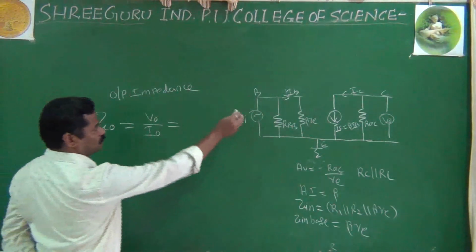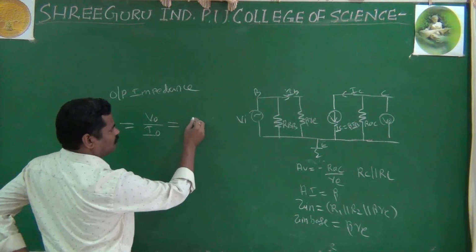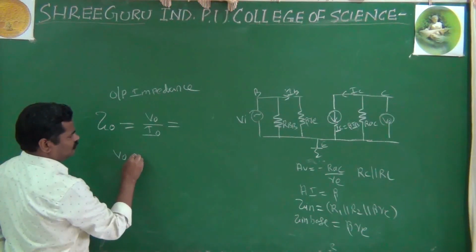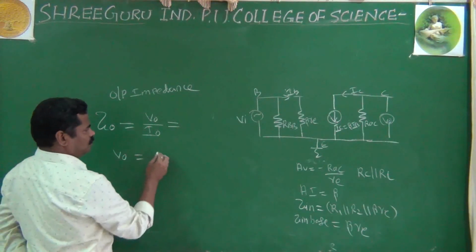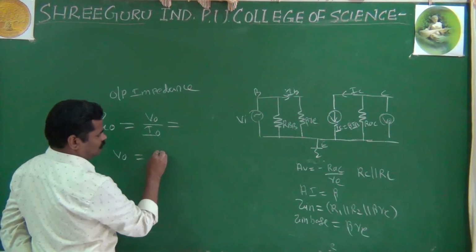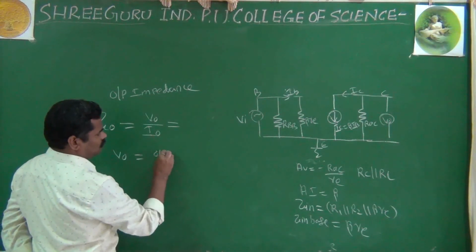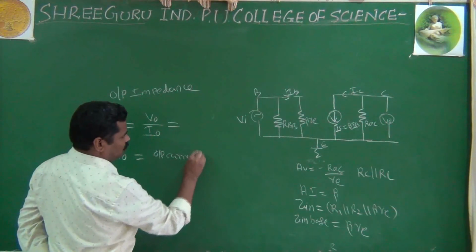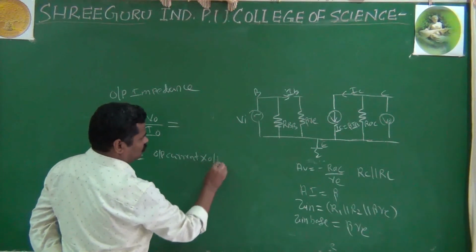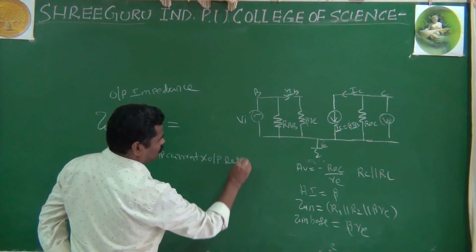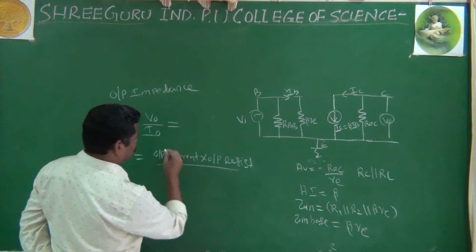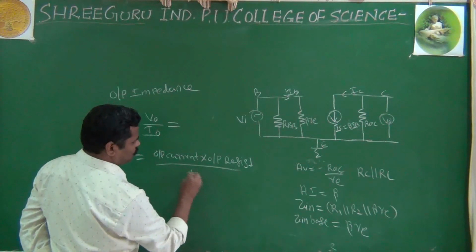V0 is nothing but the output current into the output resistance, and you have no doubt that I0 is your IC.